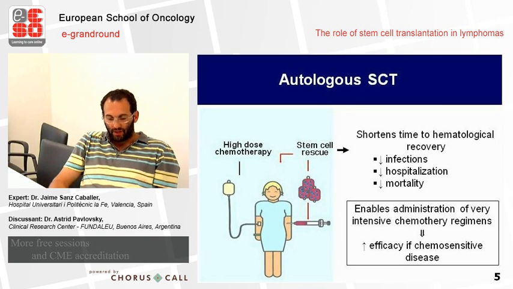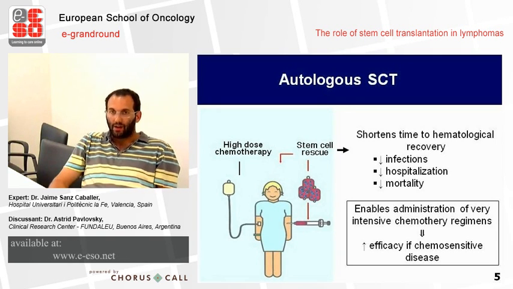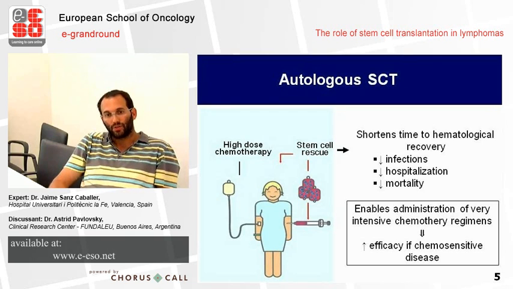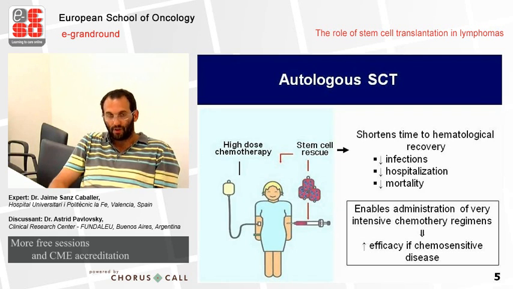Autologous stem cell transplantation is a procedure that allows the administration of high-dose chemotherapy. Autologous stem cells are harvested from the patient and cryopreserved. Later on, the patient is admitted to the hospital, a central line is placed, and high-dose disease-specific chemotherapy is administered.